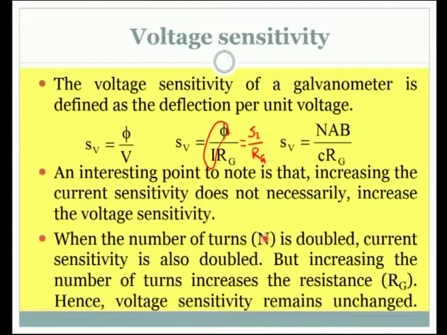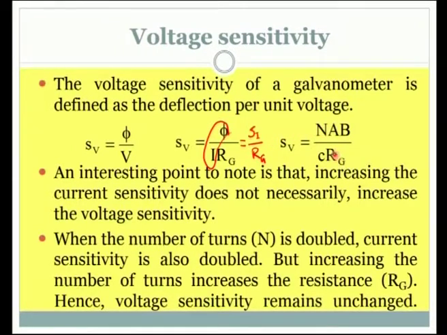When the number of turns N is doubled, the current sensitivity is also doubled, but increasing the number of turns increases the resistance Rg. Hence, the voltage sensitivity remains unchanged when we try to increase the sensitivity by increasing the number of turns, because as the number of turns increases, what will happen?